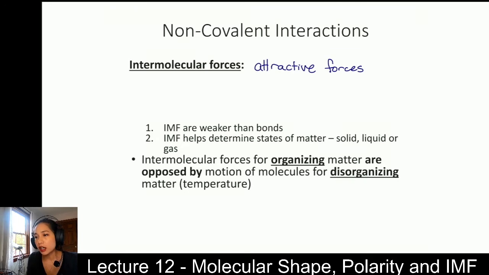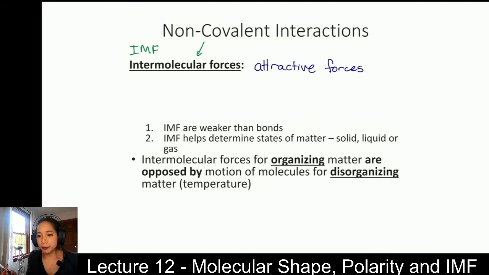These non-covalent interactions are also called intermolecular forces. Inter meaning between molecules, like international, in between nations. So intermolecular means between separate neighboring molecules, and I'll often abbreviate intermolecular forces as IMF.